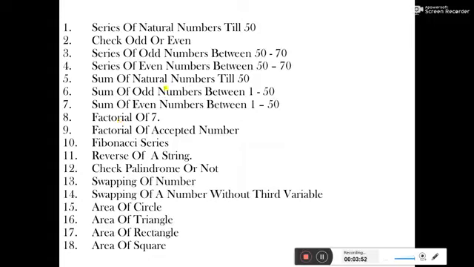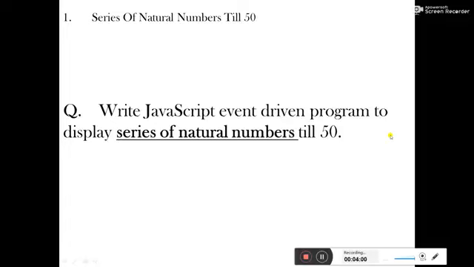So now today we are going to start with the first question, that is series of natural numbers till 50. The question is: write a JavaScript event driven program to display the series of natural numbers till 50.